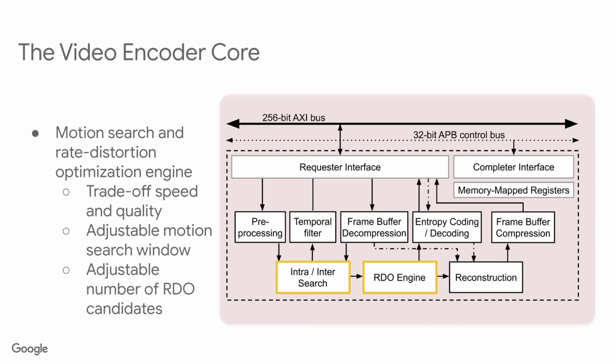The motion search and rate distortion optimization engine were carefully designed to support variable throughput so that we could find better prediction candidates if we had more time to spend. This includes adjusting the size of the motion search window, the number of reference frames searched, as well as the number of RDO candidates.